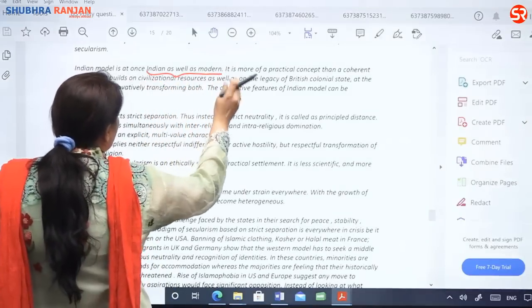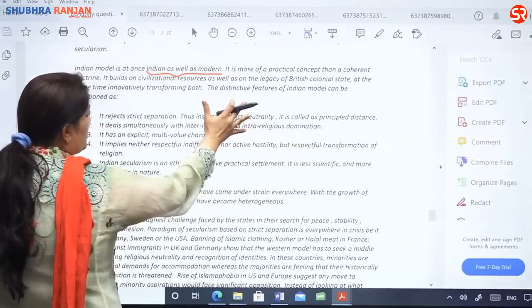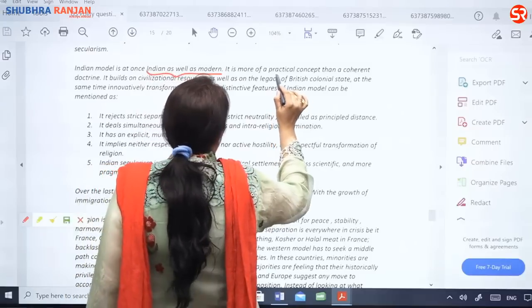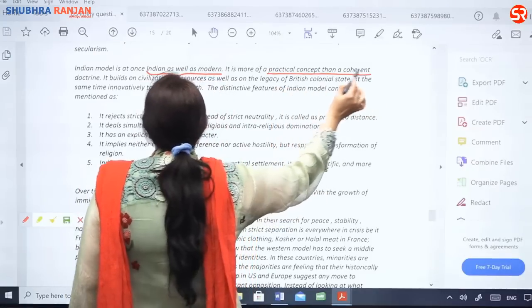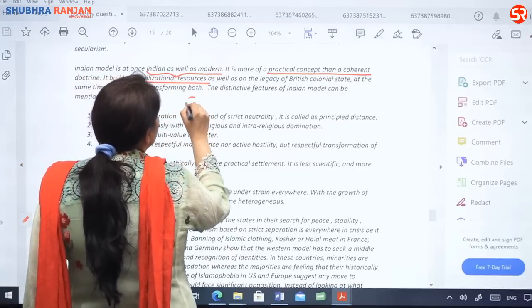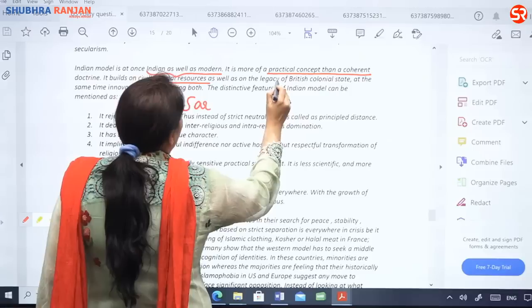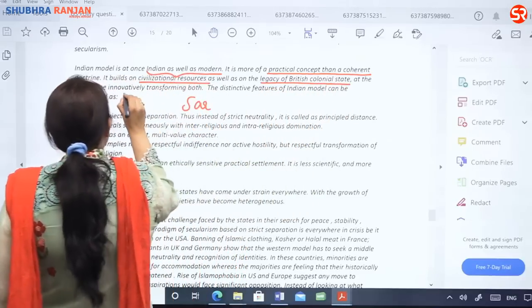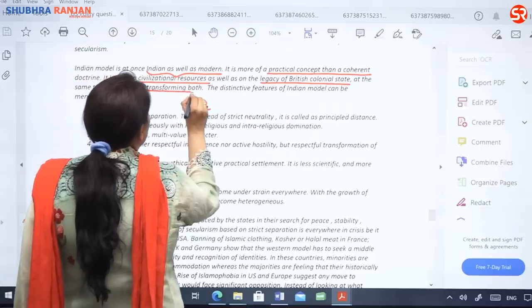Fine. I have given the exact words, but you can simplify them. It's a practical concept rather than a coherent doctrine. It builds on India's own civilizational resources of Sarva Dharma Sambhav as well as the legacy of the British state. At the same time, it innovatively transforms both.